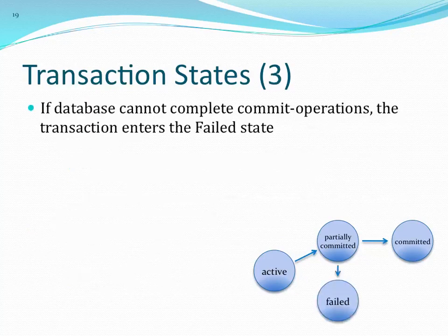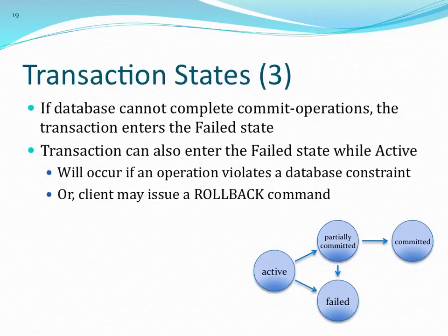Now if badness happens, it goes into a failed state. Now there's another way that we could go into the failed state where the client says rollback. Okay? And so you can go from active to failed as well if you say I want to roll back the transaction. Again, we may not be complete at this point because now you've said I'm not issuing any more operations. I've given up on this transaction.